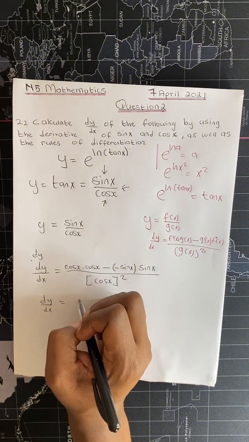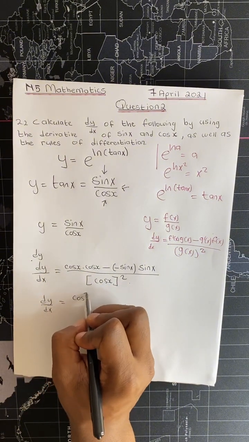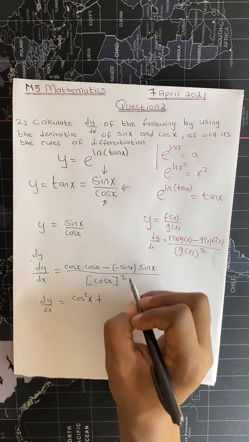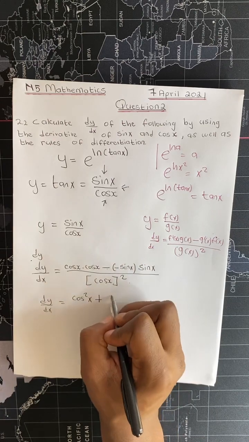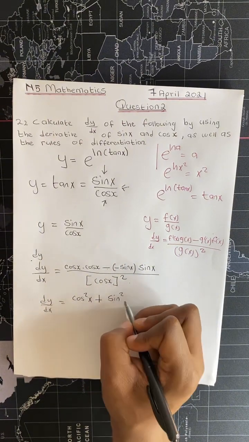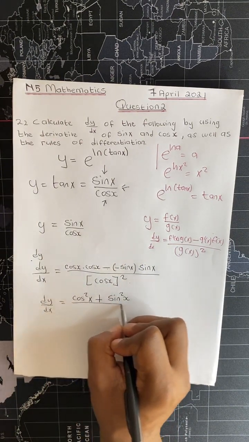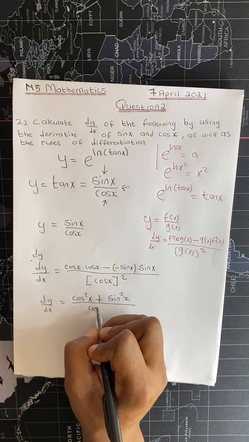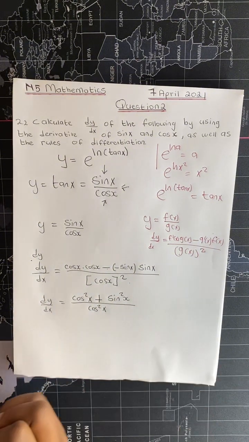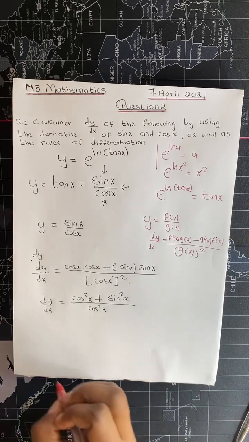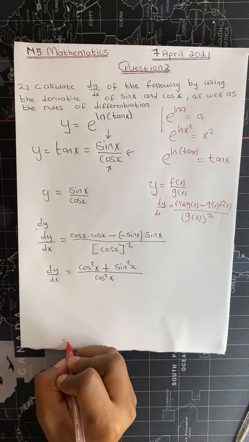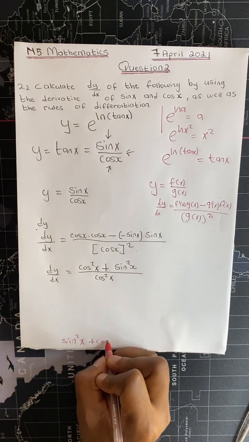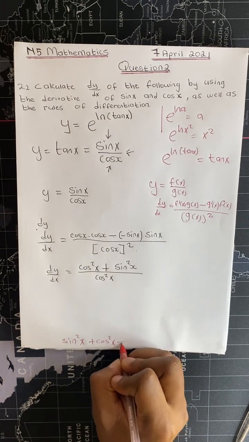Cos x multiplied by cos x is equal to cos squared x. This negative multiplied by that negative will be positive, and the sin x multiplied by sin x is equal to sin squared x, over cos x squared. We know from our trigonometric identities that sin squared x plus cos squared x is equal to 1.